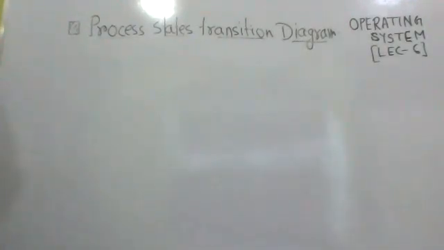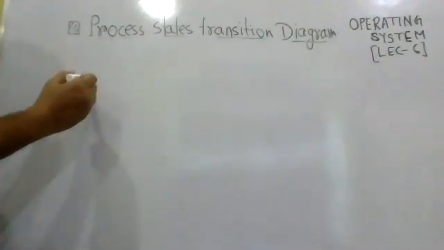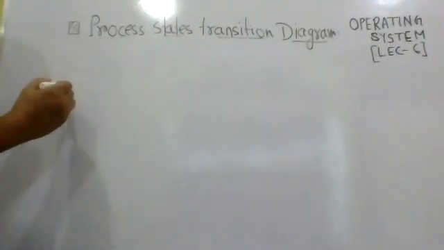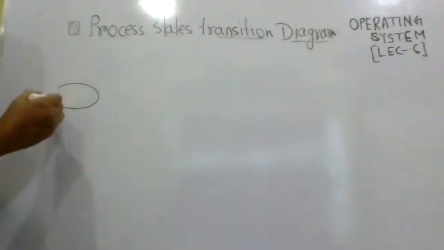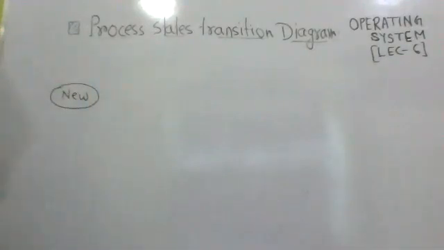Now we know that the first state of a process is called the new state. This is a state where a process is about to be created, a process just being created.